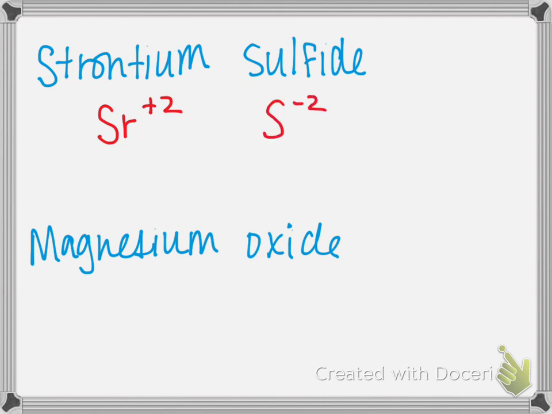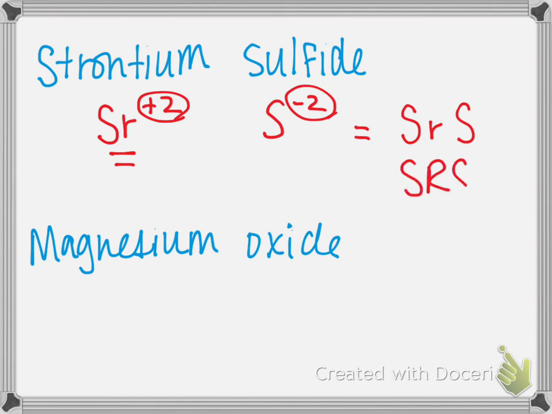Strontium is Sr +2, sulfide is -2. These charges balance each other out perfectly, which means my chemical formula is just SrS. Okay, we need to be very, very cognizant of the fact that when we write an element that has two letters, the first one's uppercase, the second one is lowercase. So we would not write SRS, right?